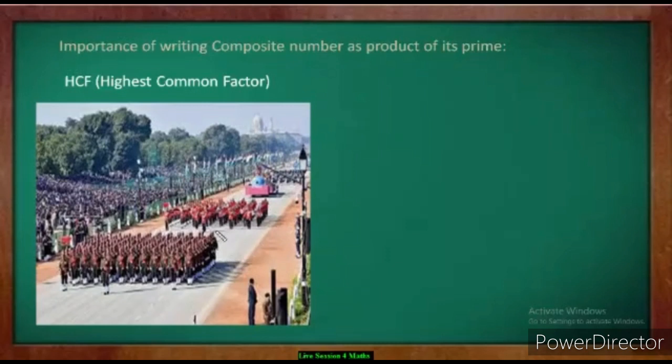Some soldiers from the 2 regiments are selected and shuffled in a training camp for the march past. Let's say some soldiers are from Bihar regiment, and some soldiers are from Jammu and Kashmir.